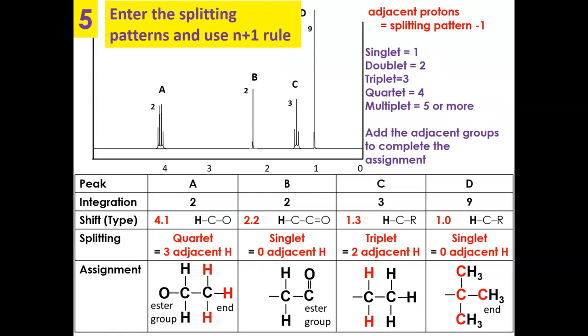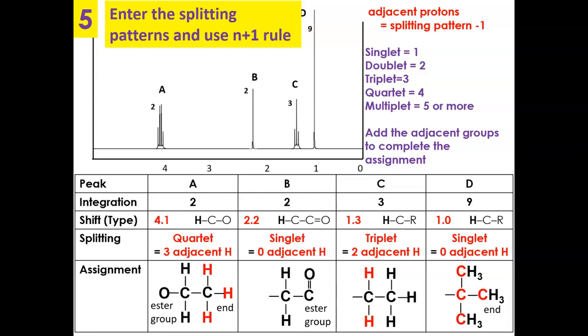The splitting pattern tells us the identity and number of the adjacent protons. The splitting pattern is simply read off by counting the peaks and the sub-peaks of those. So peak A, counting the sub-peaks, is a quartet.